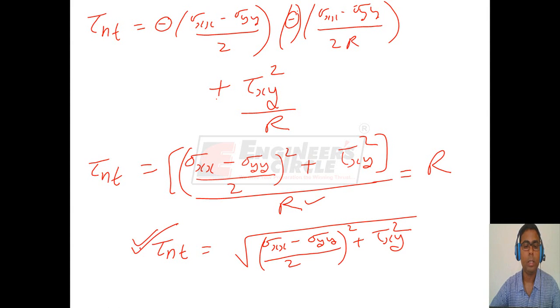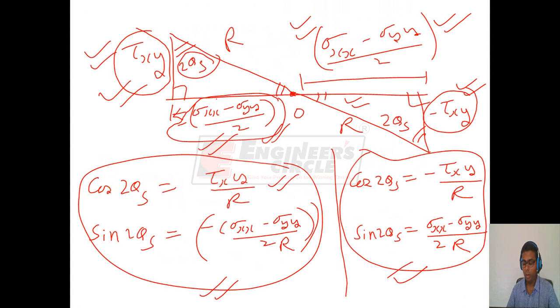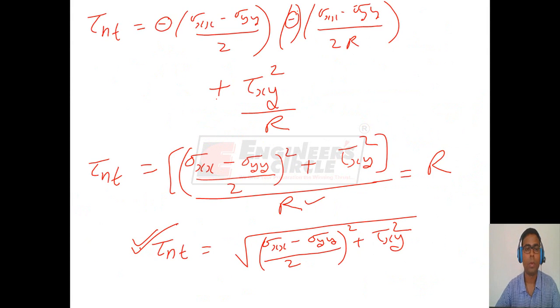Now to find the other shear stress, we put the other set of roots in the equation of tau nt.